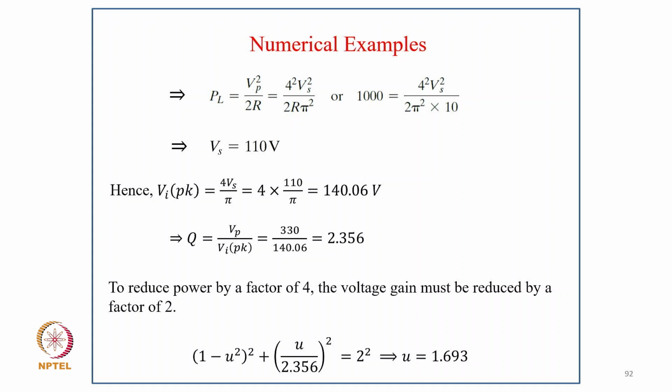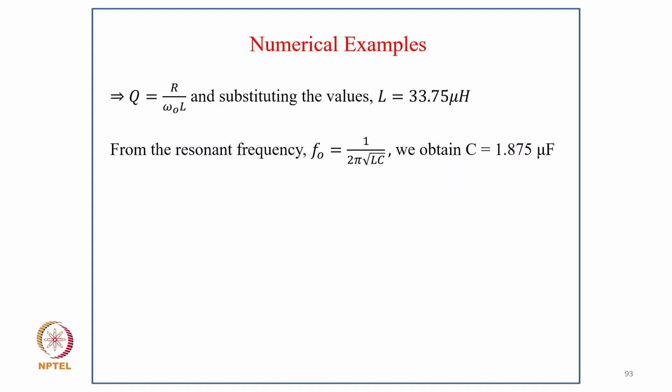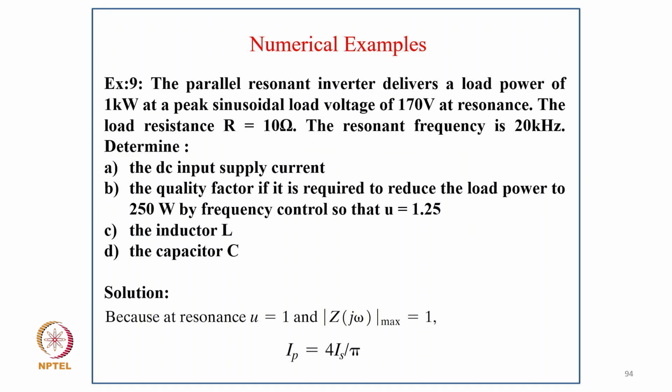So putting a value, (1 minus u square) whole square plus (u upon 2.356) square equal to 2 square, that u becomes 1.6923, and Q equal to R upon omega 0 L. So substituting the value, L becomes 33.75 microhenry, and resonant frequency f0 equal to 1 upon 2 pi under root LC, so C we obtain is 1.875 microfarad.